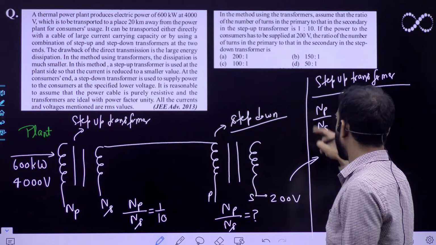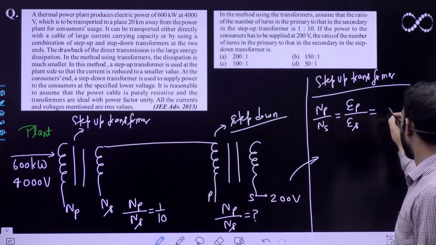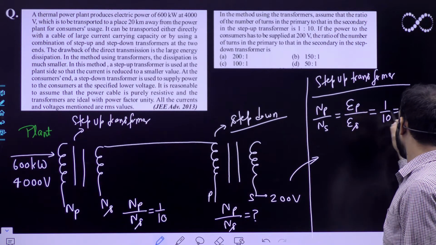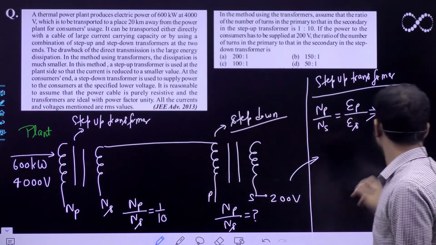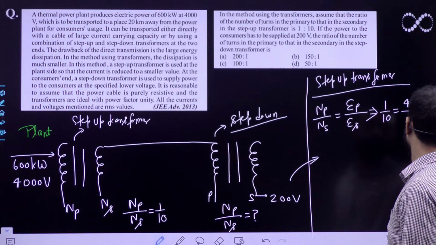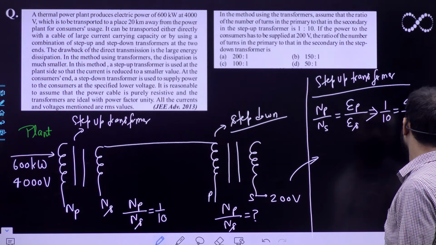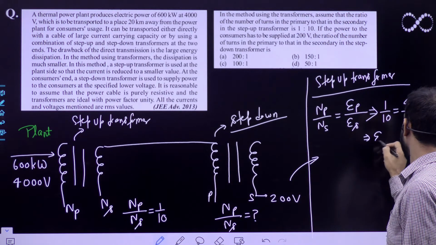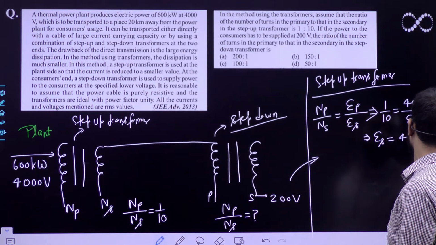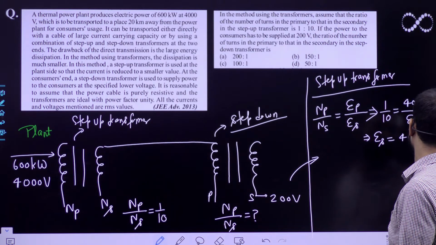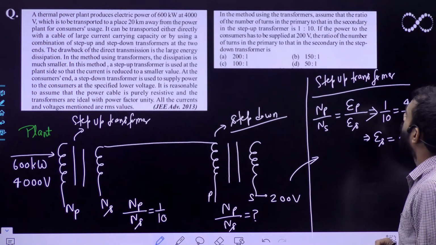NP upon NS is given as 1/10, and EP here is 4000 volt. So from here I can say ES will become 40,000 volt. Okay.